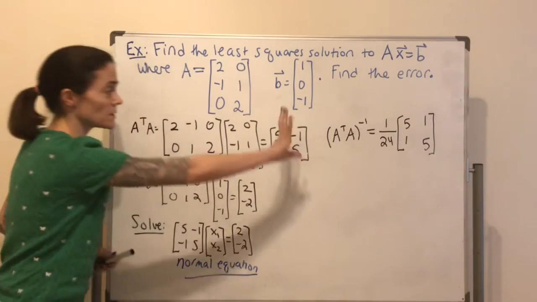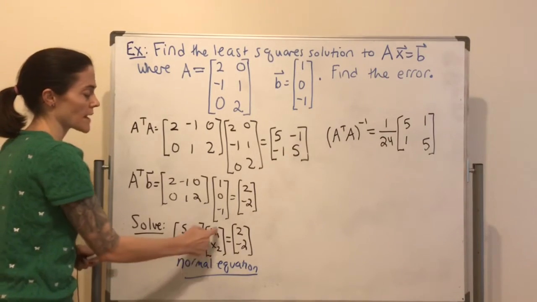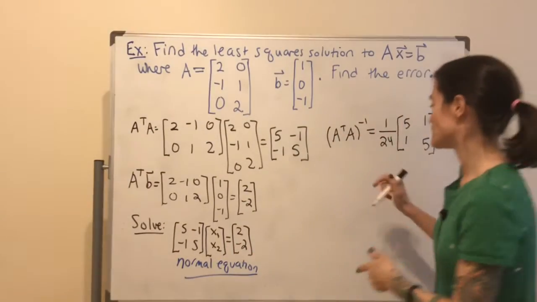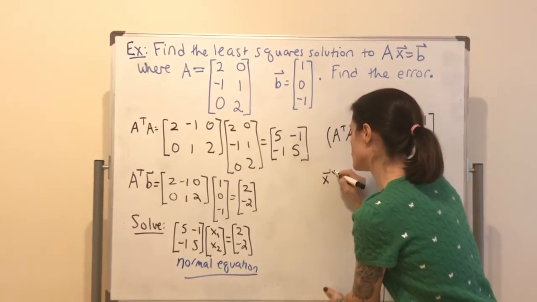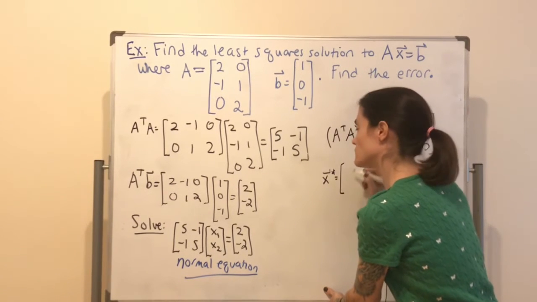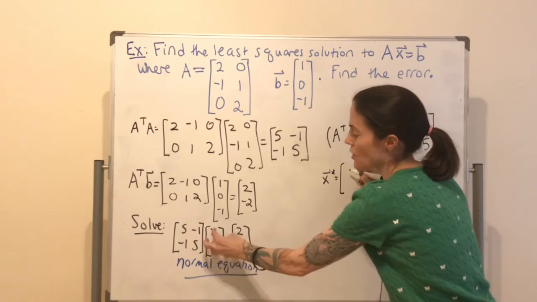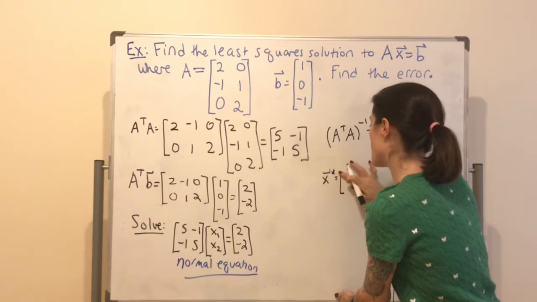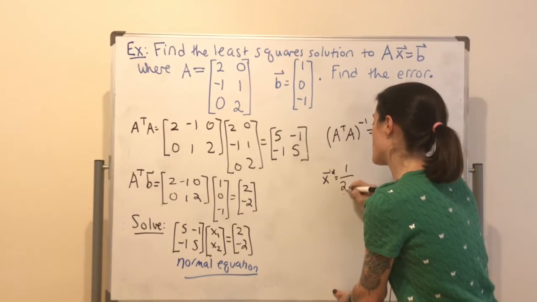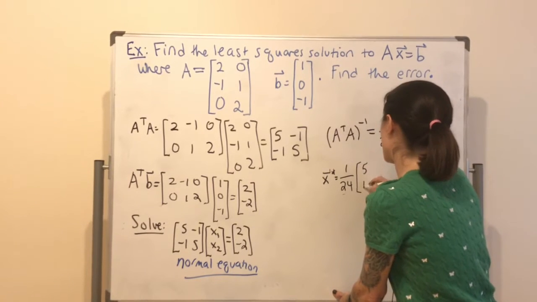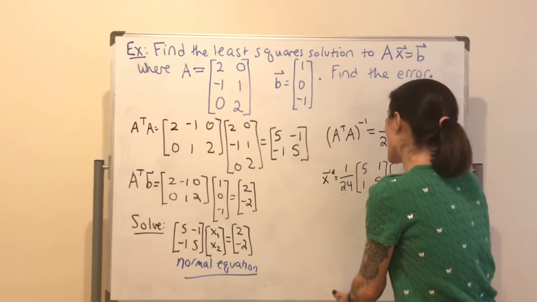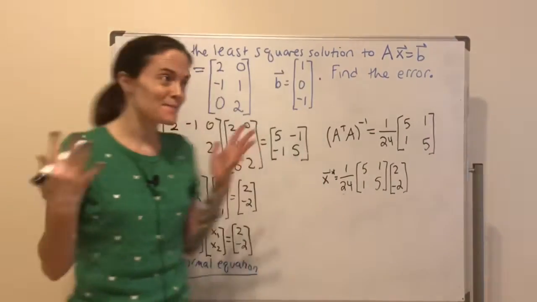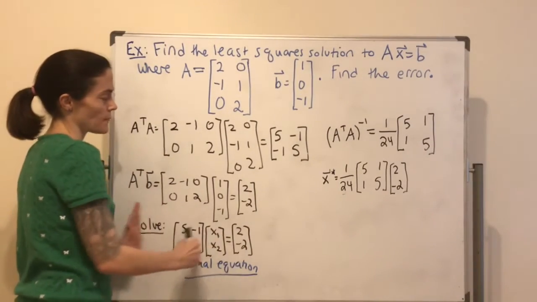Okay, but I already found the inverse of this matrix, and so I can solve here for the least squares solution. Maybe I should have called that x star, but in any case, it's fine. So I take, maybe I'll put the 1 over 24, and then multiply by 2, minus 2. Okay, what I have done, I think I mentioned this before, is multiply on both sides by the inverse.